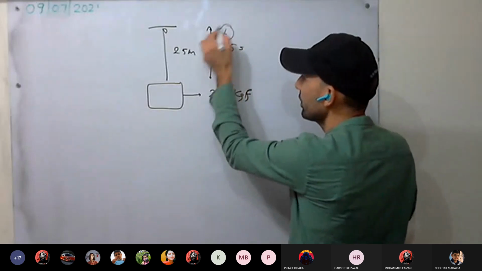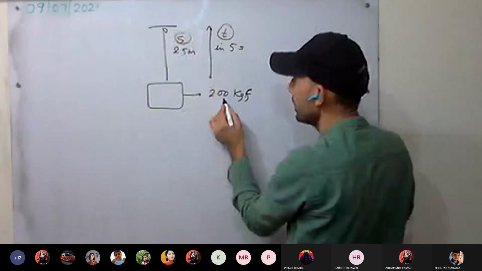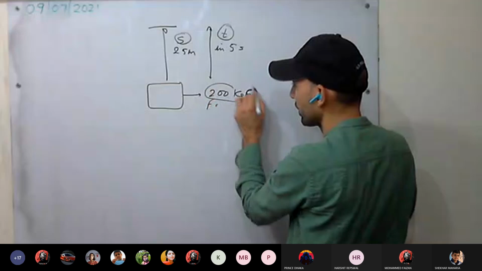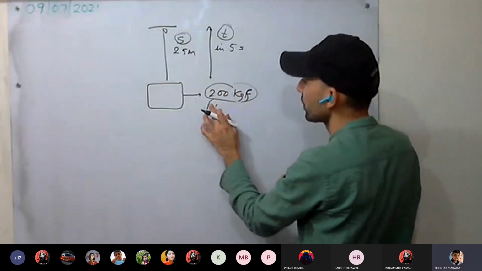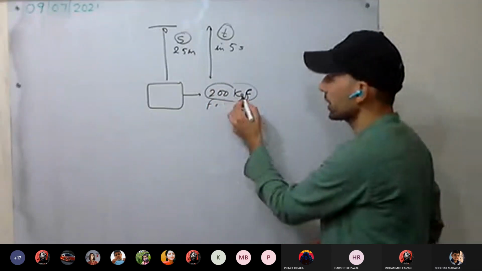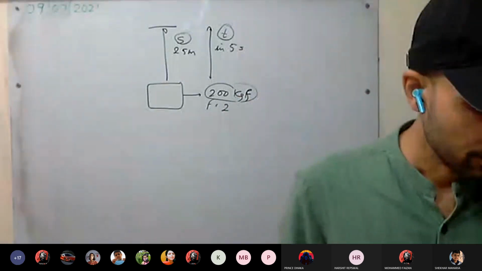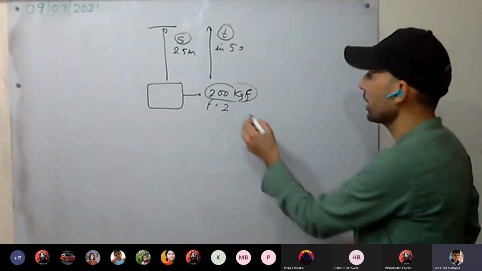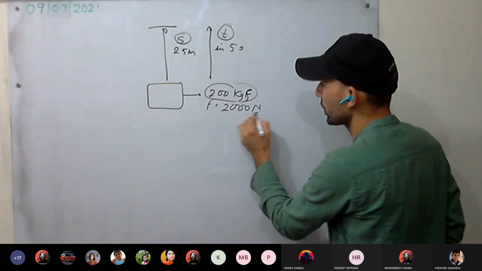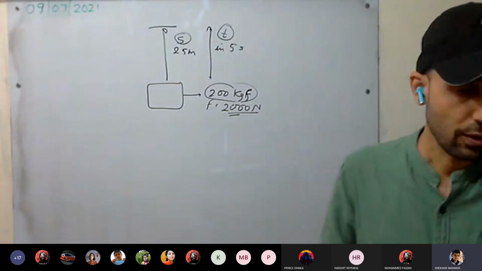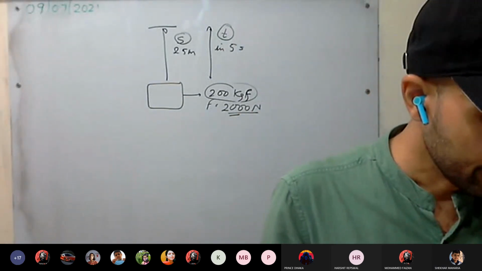So time is given, displacement is given, and force is given. It is kgf, so mg we can calculate. We can convert into Newton, and g is given as 10. It will be 2000 Newton. Force we got. Now what we have to calculate? Energies.